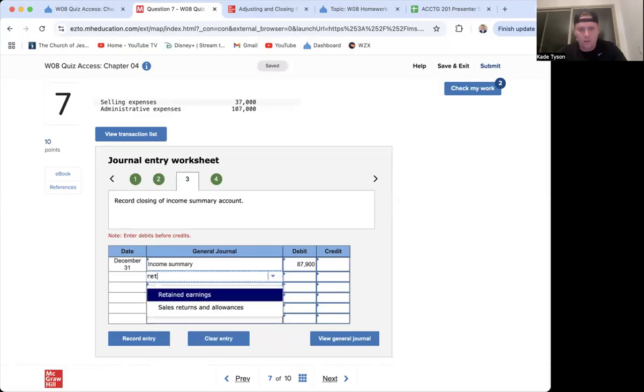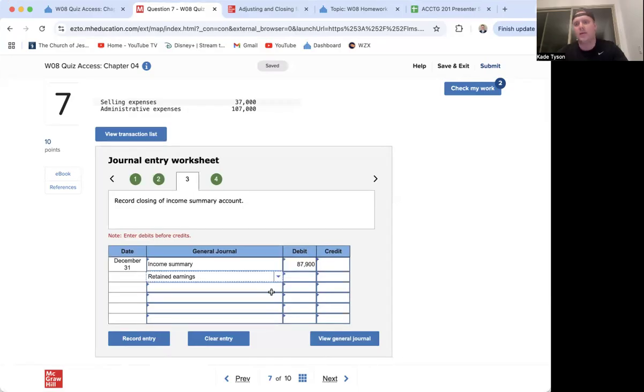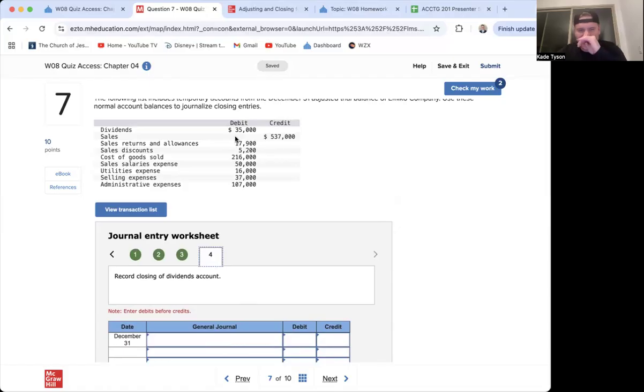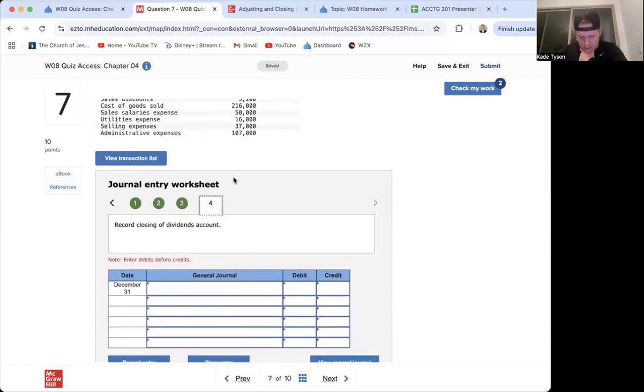And all of that will go to our retained earnings because our sales minus all of our expenses is profit, in this case, retained earnings, which is 87,900. The last thing we need to close out is the dividends account. As you can see up here, the dividends is $35,000.